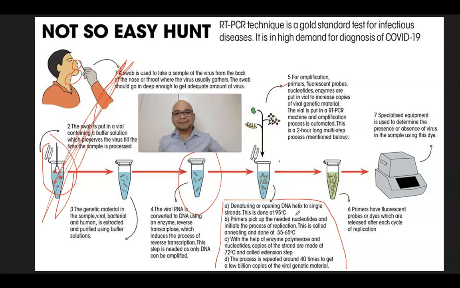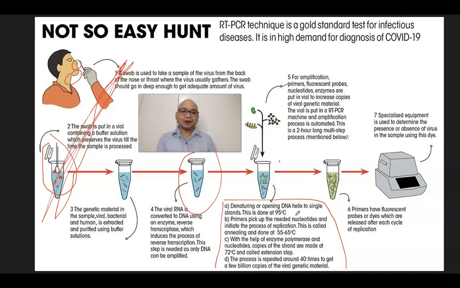So you need to amplify, and the nucleic acid copies are now being logarithmically amplified after 40 cycles. It is a logarithmic increase because from a single strand, you now have a few billion copies of the viral genetic material. And how would you know if nucleic acid is actually amplified?